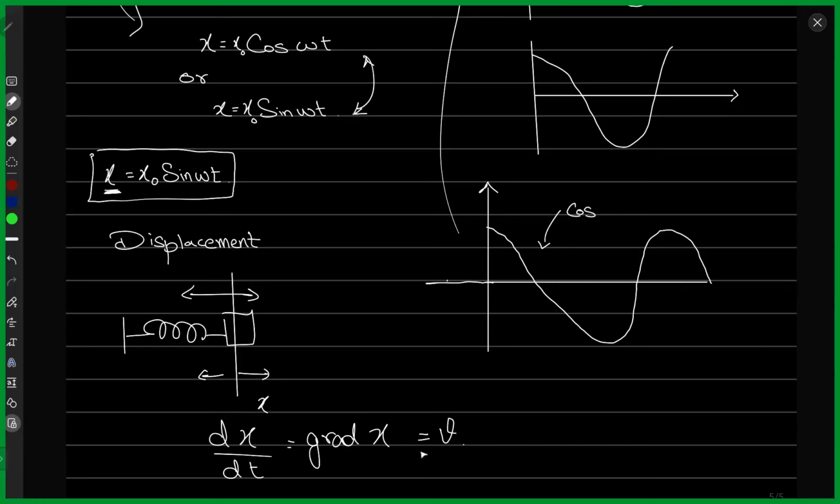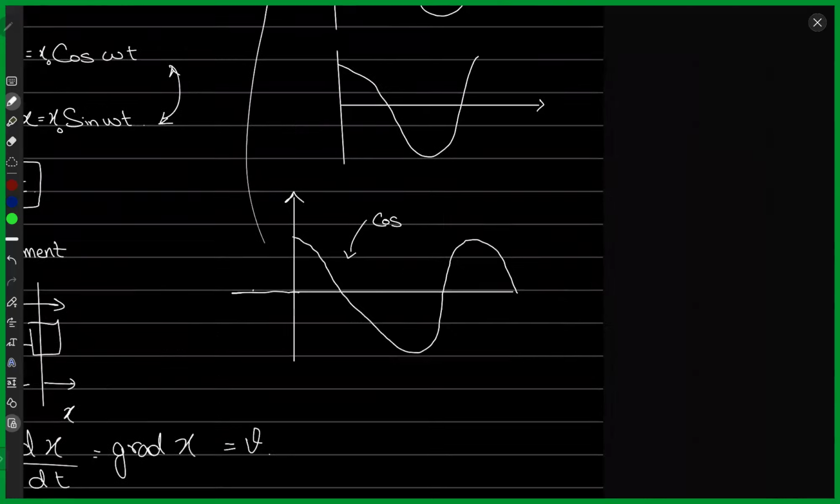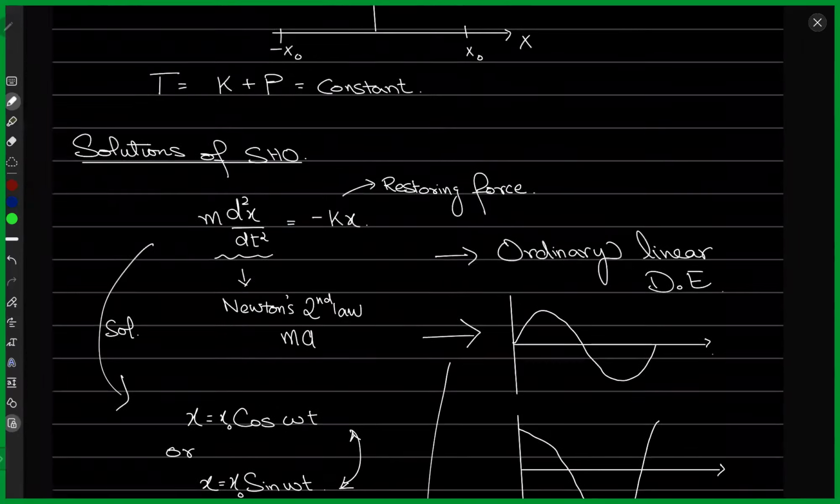Everybody agrees with this? Yes. The gradient of the position or the displacement is velocity. So if I were to take the derivative of this function x with respect to time, then I would get velocity, right? And so let me just quickly do this over on the next page.